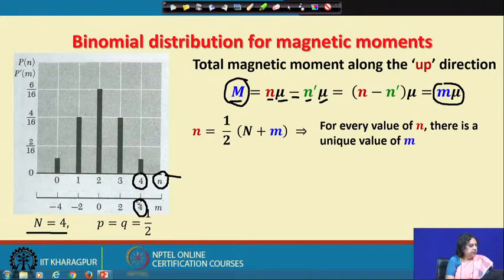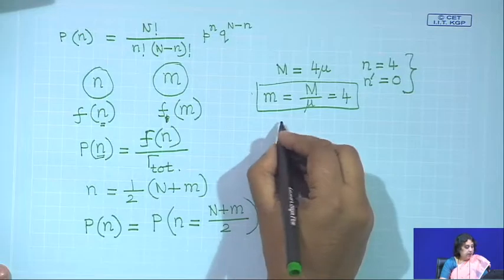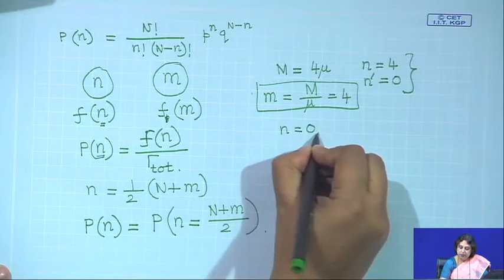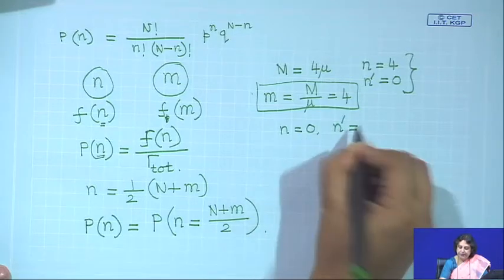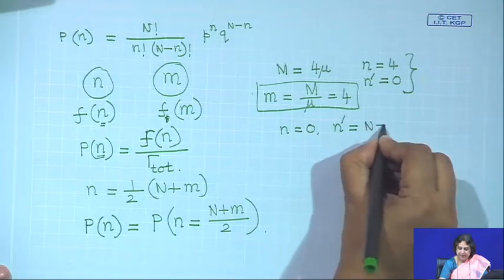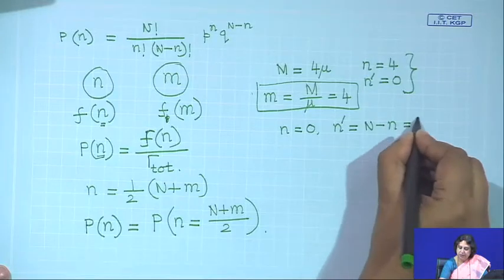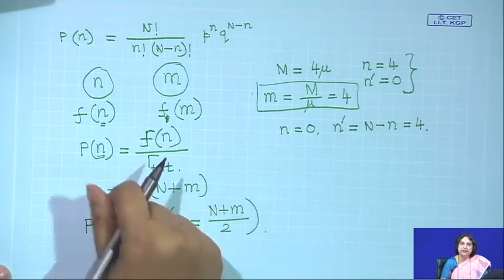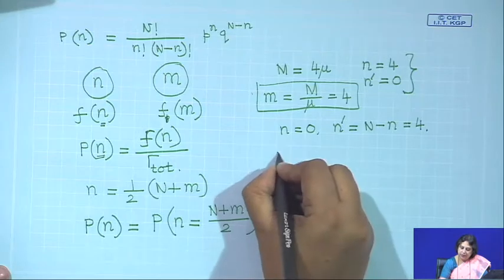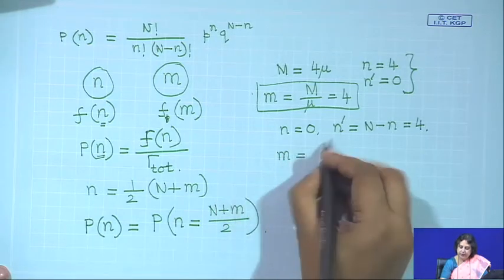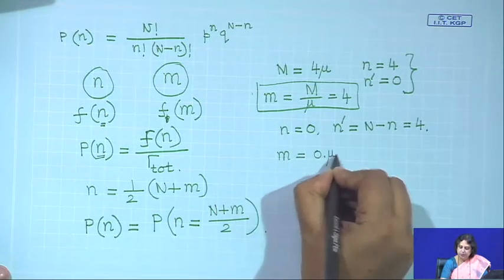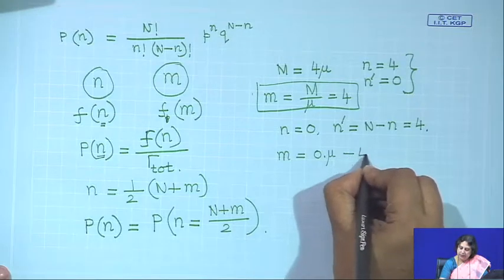Similarly, if I look at the case where small n is equal to 0, what is the corresponding value of capital M? When small n is equal to 0, obviously n prime, that is equal to capital N minus small n, that must be equal to 4, because capital N is equal to 4, and therefore, capital M is going to be 0 into mu minus 4 into mu.